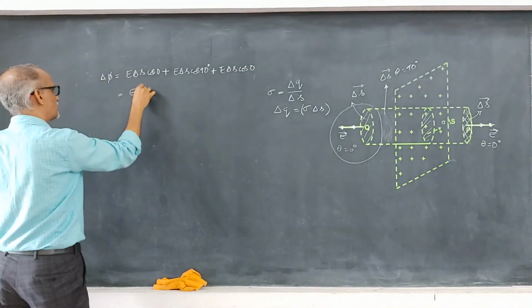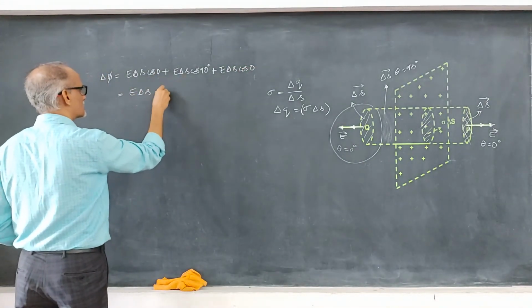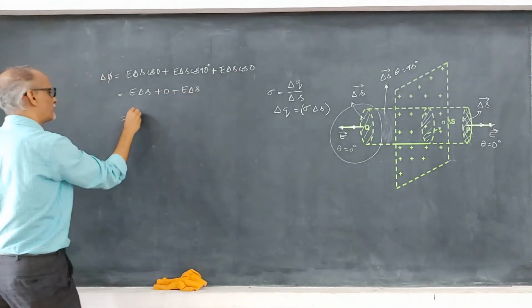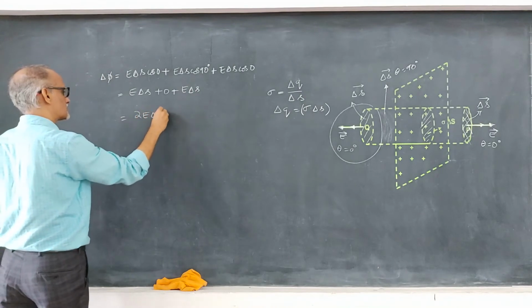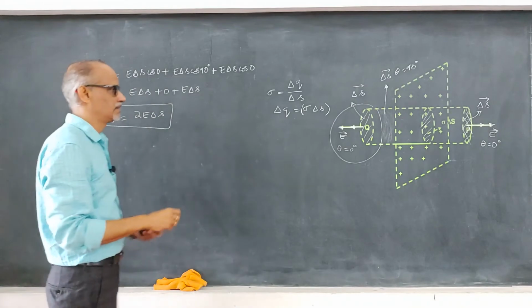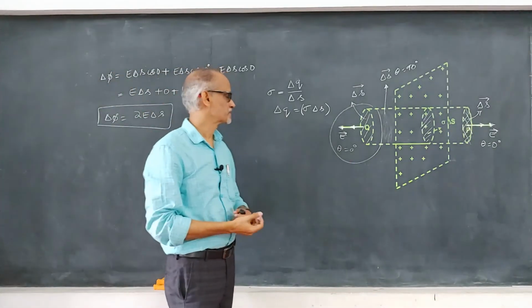Cos 0 is 1, cos 90 is 0, so plus again E delta S. That will be 2 E delta S. This is the total flux through all the three faces.